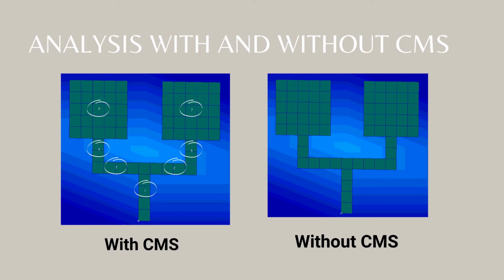If we use the component mode synthesis method, we need to split the Billboard into multiple elements, which we can see, there are 1, 2, 3, 4, 5, 6, 7 components in the Billboard. But if we do not use component mode synthesis, there is only 1 component on the Billboard.